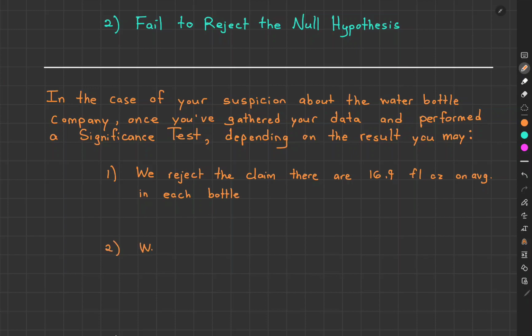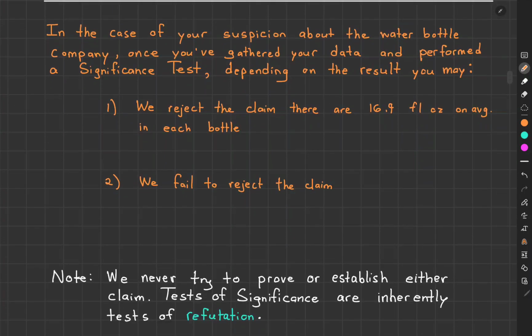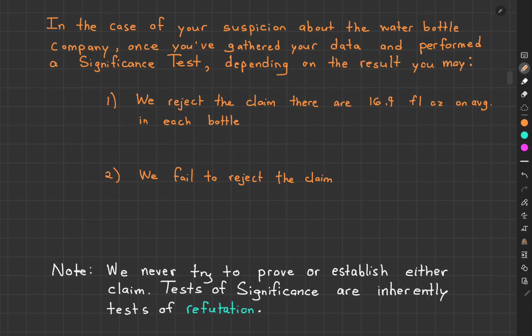Or we might say we fail to reject that claim. Okay. So again, we're not trying to prove or establish either claim. Tests of significance are inherently tests of refutation. We're trying to refute that null hypothesis.